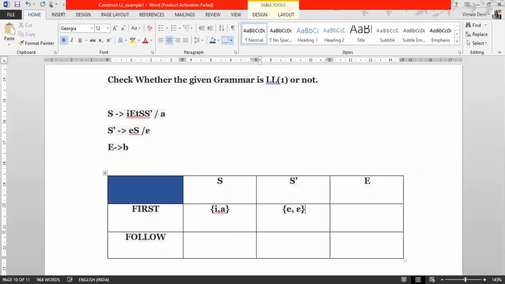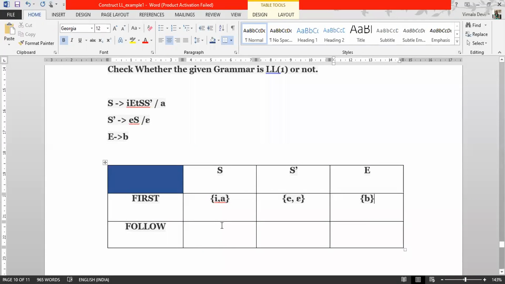So {e, epsilon}, right? What is first of E? Very simple. You can easily identify. It is {b}. While writing the first set, write within the set brackets. Don't miss these curly braces. You have to write within the set brackets because we call it the first set as well as the follow set.